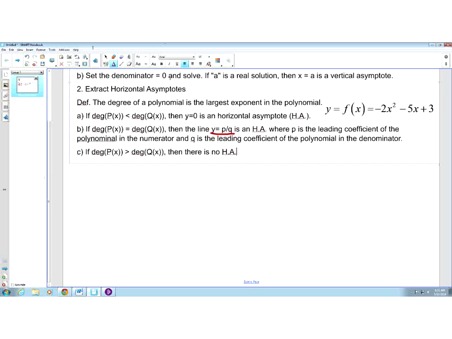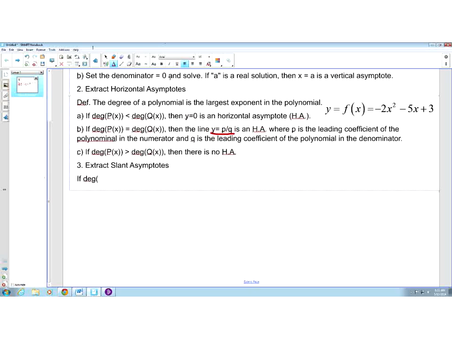Okay. The next thing we want to look for are the slant asymptotes of the rational function. And I'm going to give you a rather limited procedure now, and later on we may investigate other techniques for finding slant asymptotes. But to extract slant asymptotes, it goes as follows.